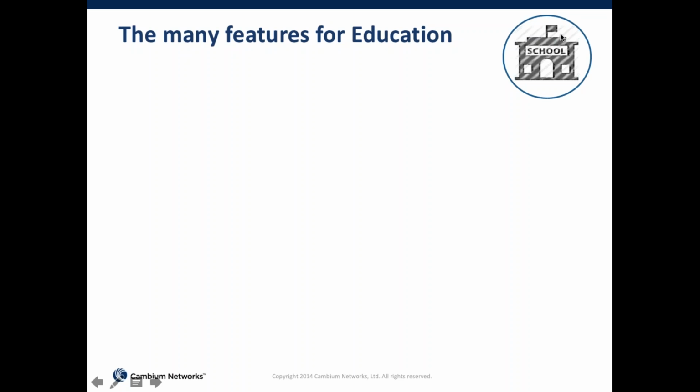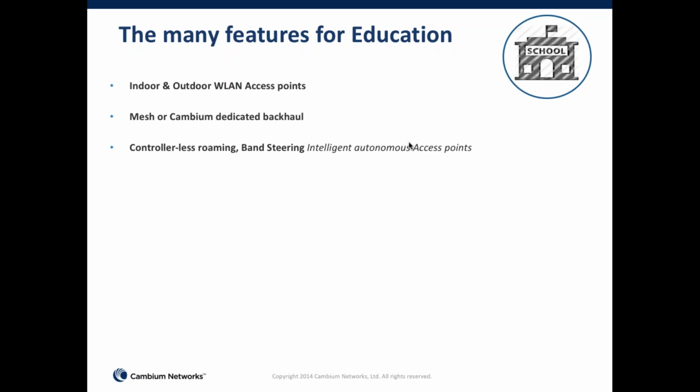Now what we've done is supplemented all of the hardware features that we've shown so far with software features that are a good fit, especially for school kinds of deployments. Across both our indoor and outdoor WLAN access products, you can combine them with mesh, or you can mesh them, or in the case of the outdoor, you can combine with Cambium dedicated backhaul.